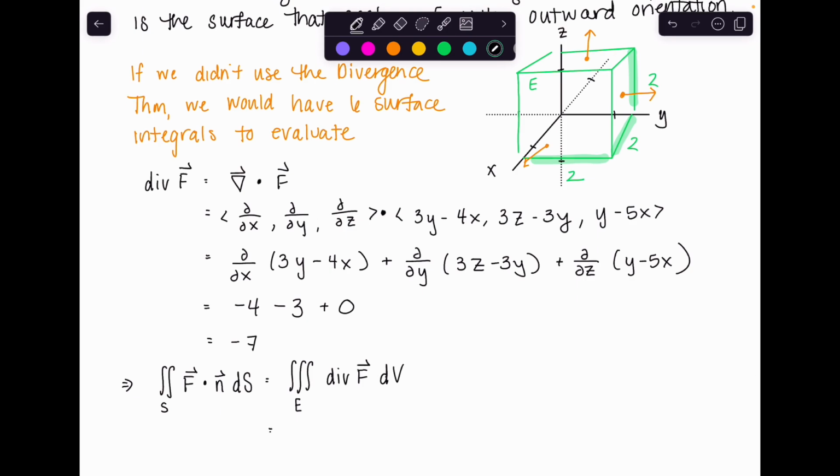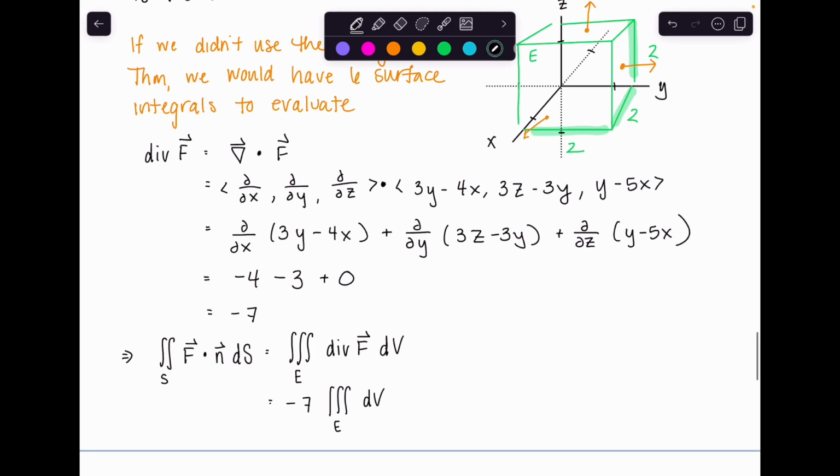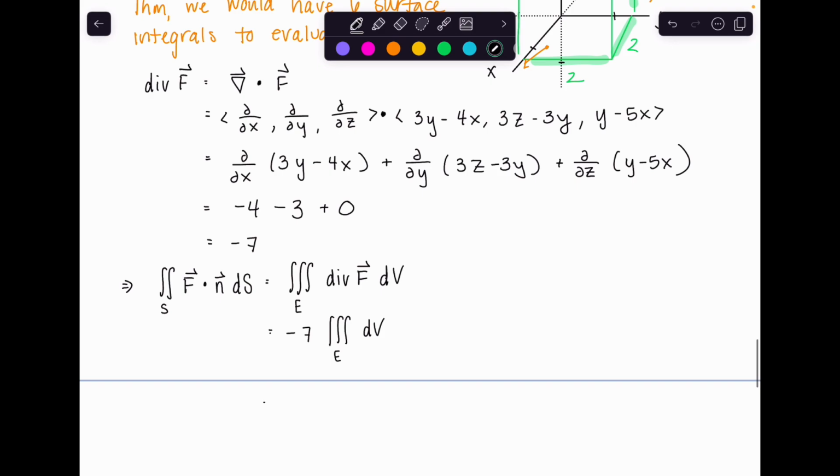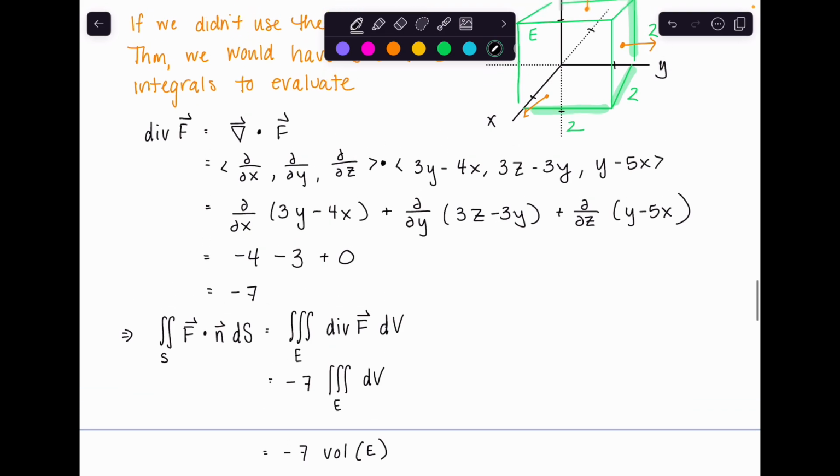Well, that's just -7, so I can go ahead and just pop that out. And what's left then is the triple integral over E of dv. And again, when that's the 1 on the inside, that's best case scenario because then I'm just finding the volume of E. And a cube is a shape I do not need to set up a triple integral for.